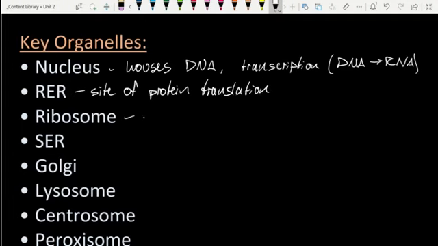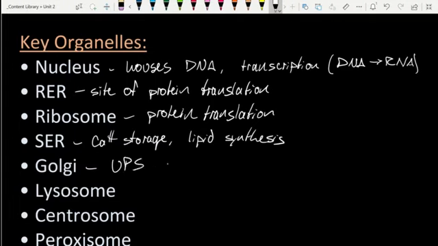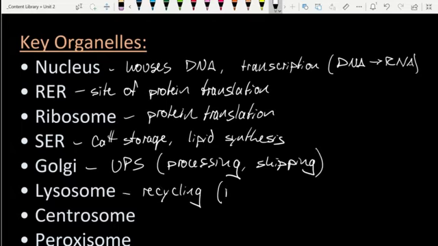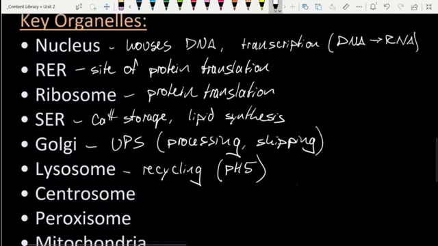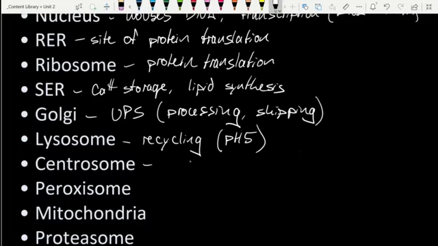So, in summary, let's just look at the key organelles and think about what they do. The nucleus. This houses the DNA and is the site of transcription, where I'm copying the DNA to make an mRNA. The rough ER, this is the site of protein translation. The ribosome is the organelle that does the translation and is docked onto the surface of the rough ER.